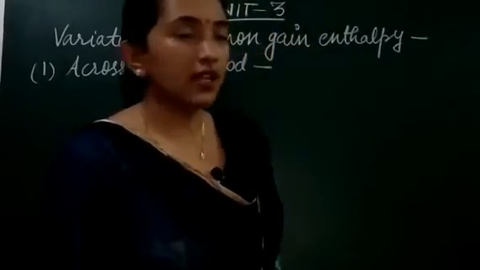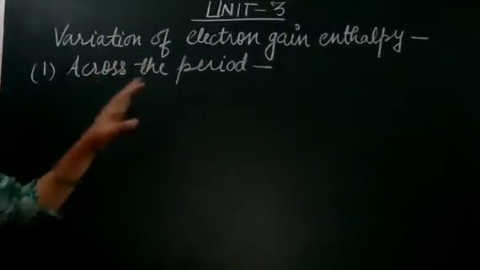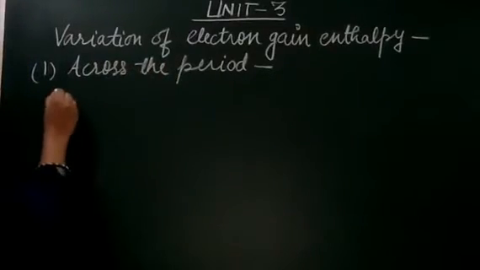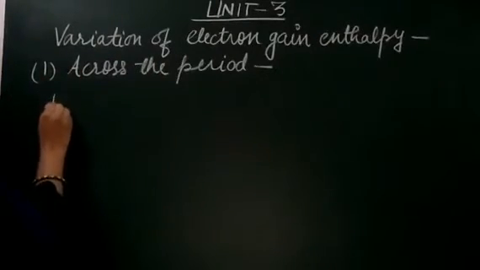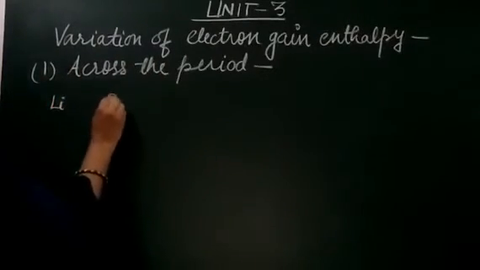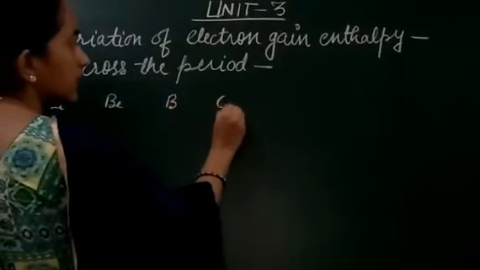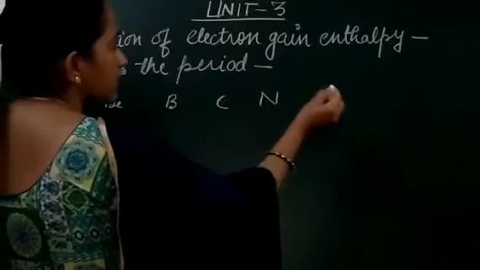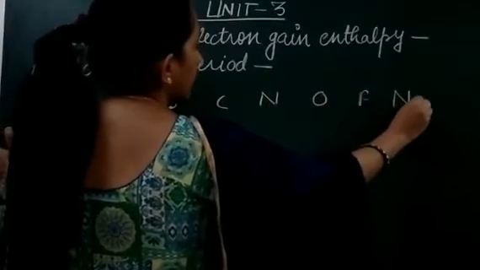Now students, we are moving ahead, that is across the period. What happens when we move across the period? Let's start with group 1 here: lithium, beryllium, boron, carbon, nitrogen, oxygen, fluorine, and neon.